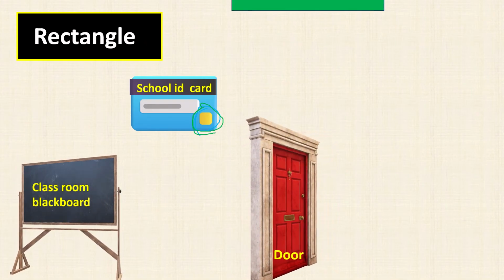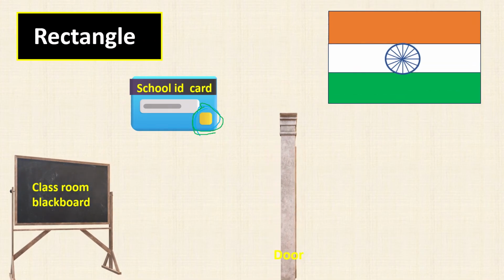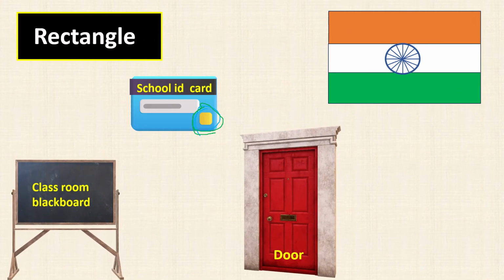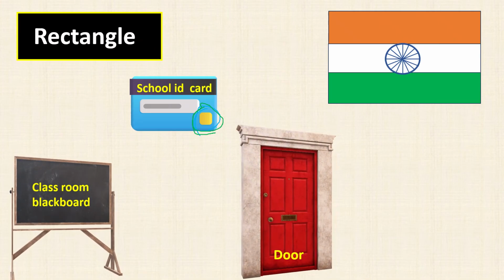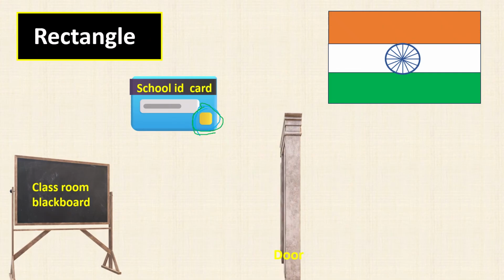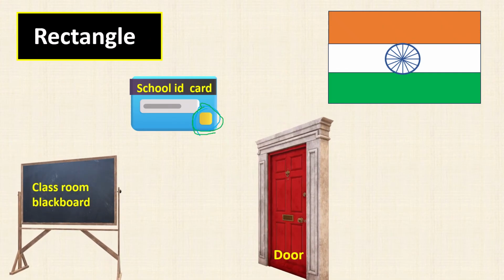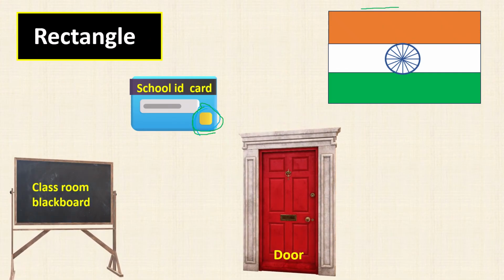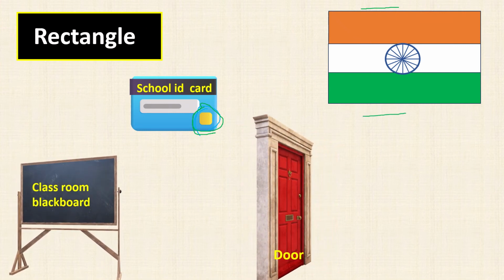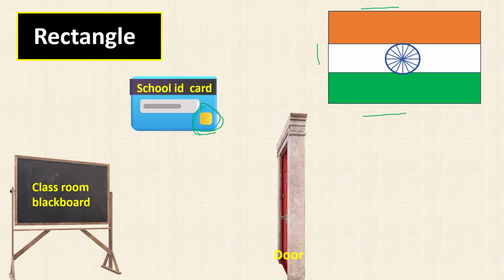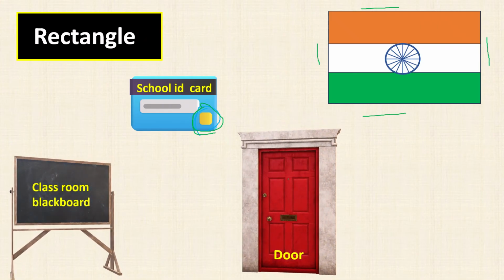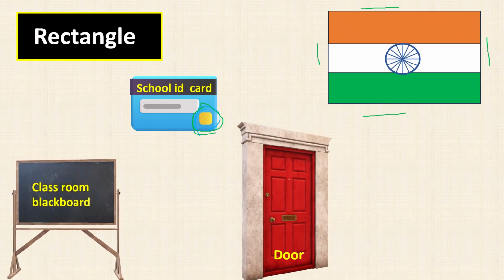After that, our special day is Independence Day. It's the national flag. Its shape is also similar to the rectangle. How is that? It has a long side here and a short side here. So our national flag has the same shape of a rectangle.